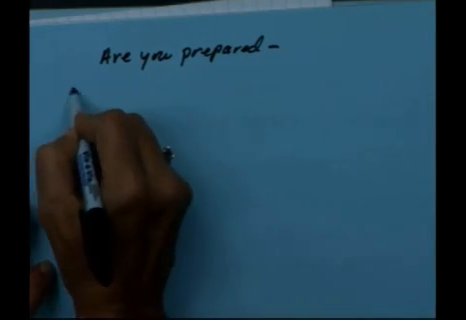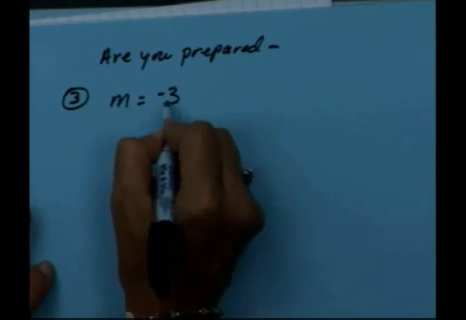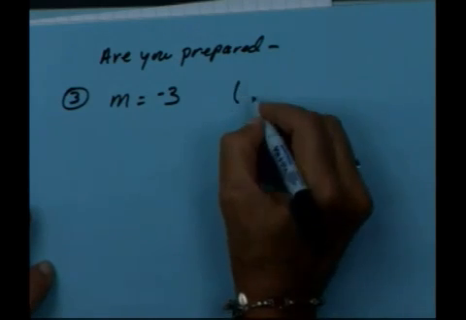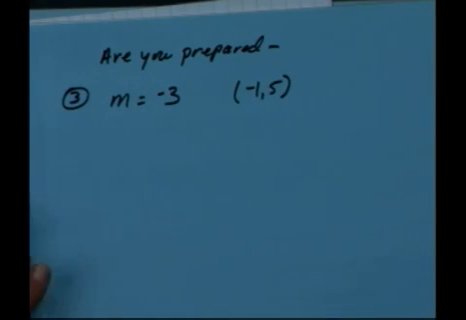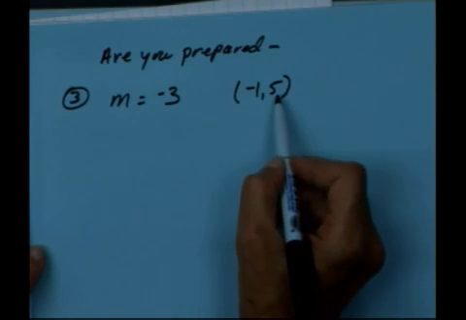We did this in the last lecture, but we're looking at number 3 because I was not quite following what was happening, but now I know. We're told that the slope is -3, and the line contains the point (-1, 5). You were asked to write the equation of the line with slope -3 that passes through the point (-1, 5).